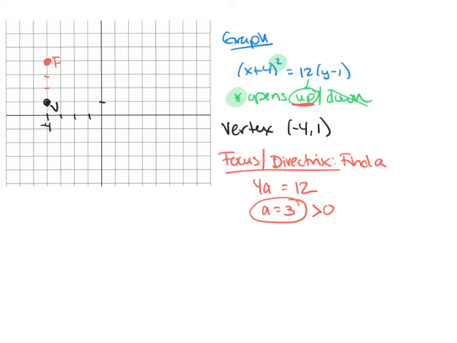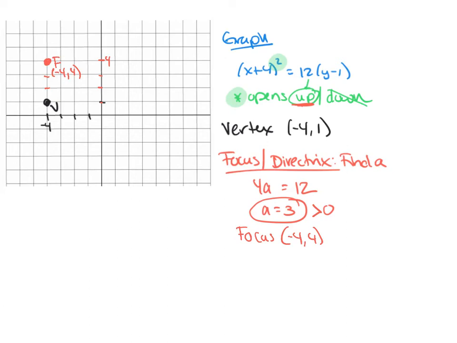So if we start, it looks like we're still at x equals −4, but if we travel up from 1, 1, 2, 3, now we're at y equals 4. So it looks like the focus is at (−4, 4).